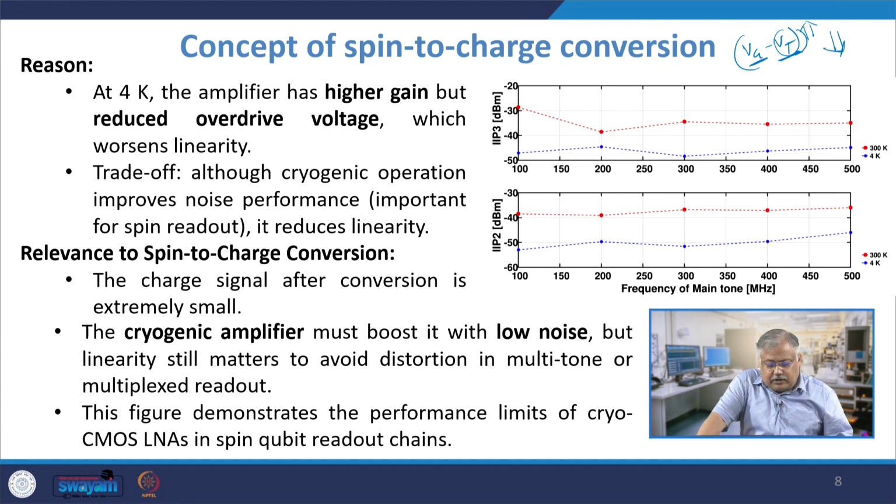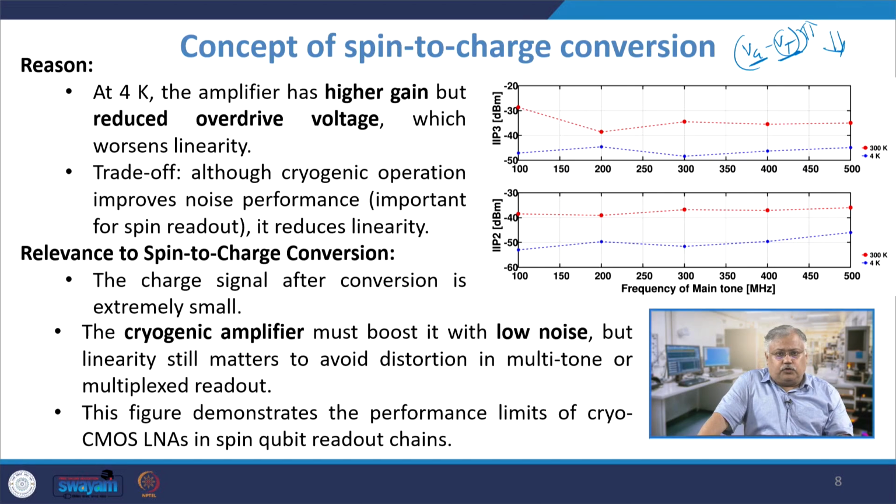That is where the cryogenic amplifier comes in, which boosts with low noise, but linearity still matters to avoid distortion for multiplexed readout. If I have a multiplexed readout, I need to ensure that for all the readout outputs your noise elements are reduced to the bare minimum, and the cryogenic amplifier helps you to do that.